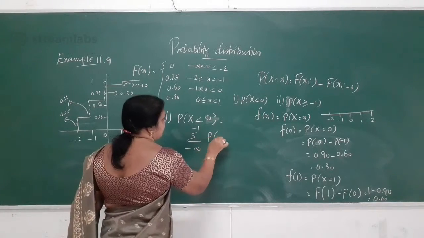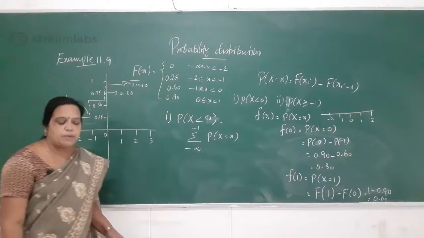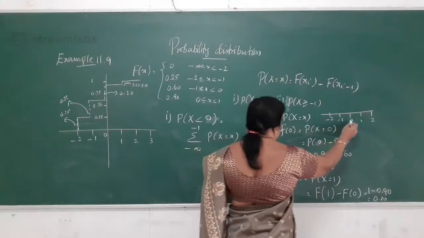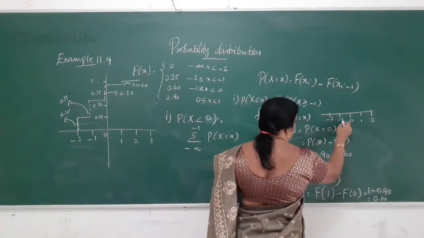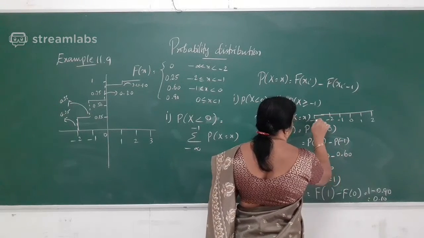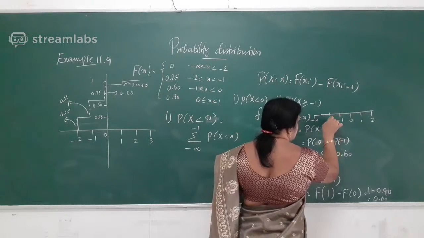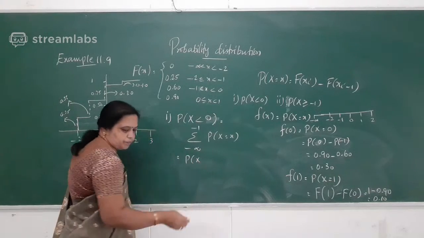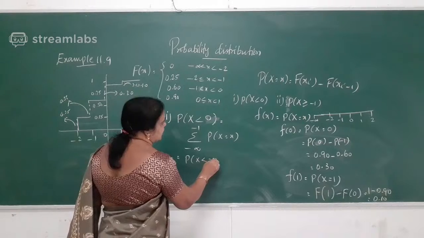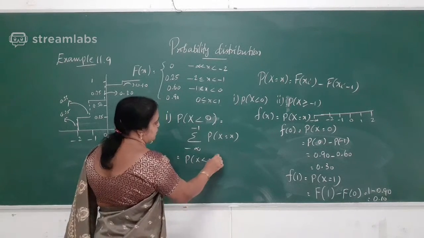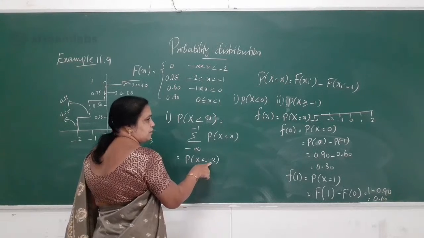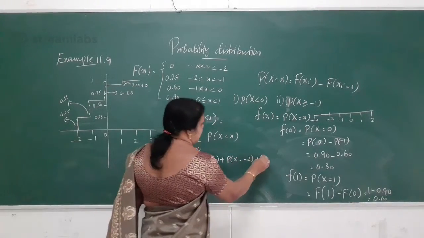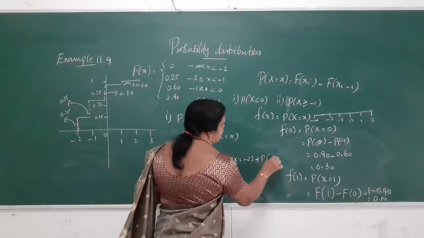On the number line, up to 0 is given, so minus infinity to minus 2, and minus 2 to minus 1. x less than minus 2 we can write as 0, plus p of x is equal to minus 2, plus p of x is equal to minus 1.